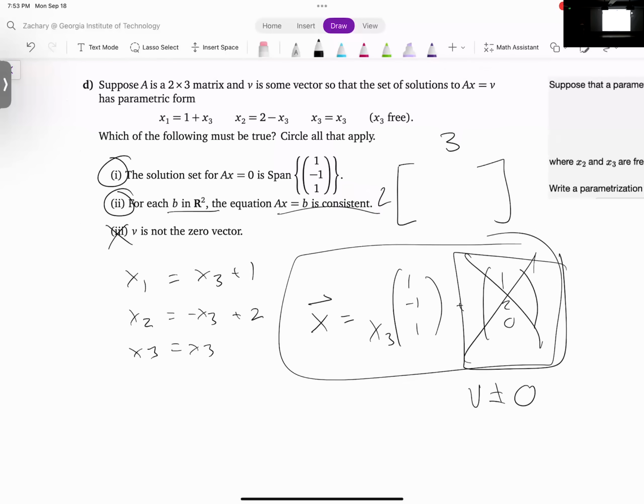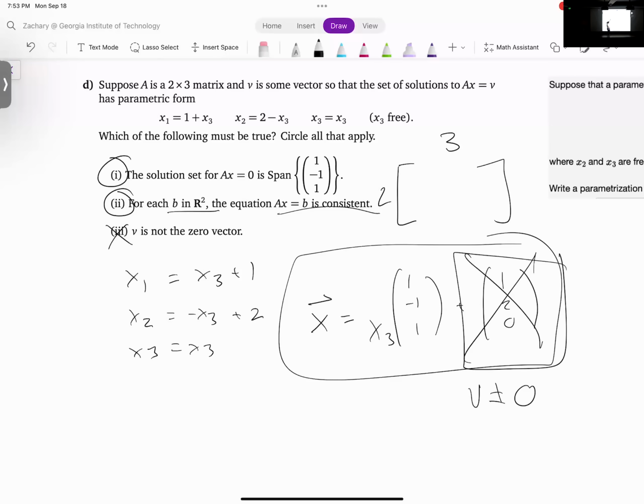Yeah. So I like to tie consistency together with different things, right? Consistent means I have a solution, which means the B is in my span. Okay, do those three things being equivalent make sense? So for each B, it is consistent.